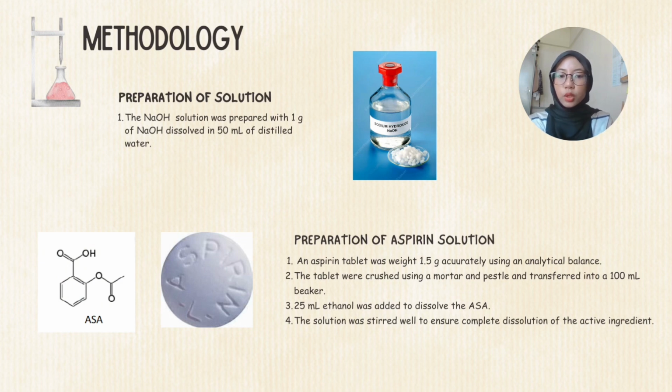The tablet was then crushed using a mortar and pestle and transferred into a 100 ml beaker. Then 25 ml of ethanol was added to dissolve the ASA, and the solution was stirred well to ensure complete dissolution of the active ingredient.